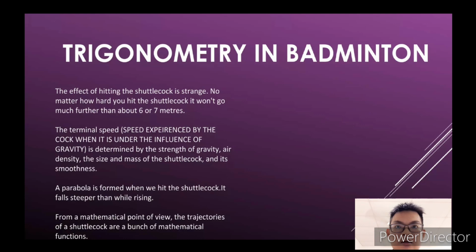The terminal speed of the shuttlecock when it is under the influence of gravity is determined by the gravity, the size and mass of the shuttlecock, and its smoothness.